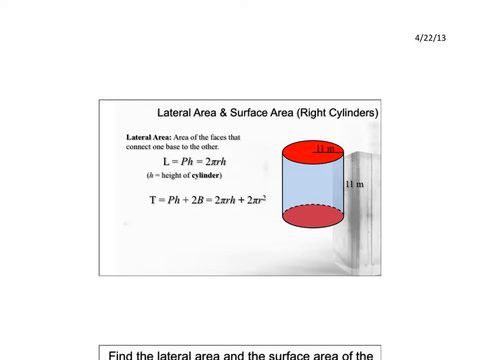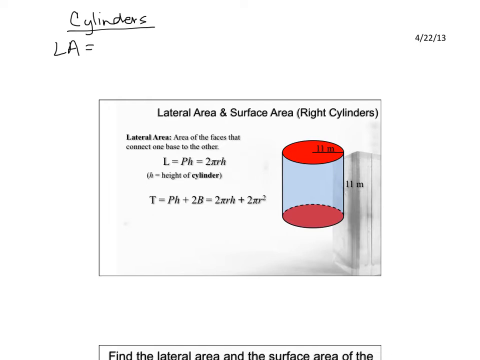Something you're going to want to put on your formula sheet for cylinders is that as we go through this, we're going to put these on your formula sheet. So to find the lateral area, it's still perimeter of the base times the height of the prism.